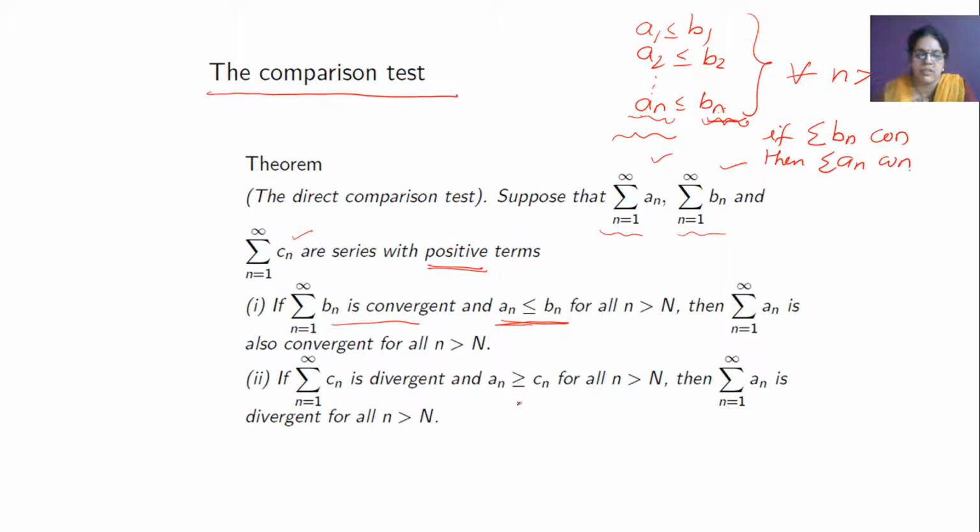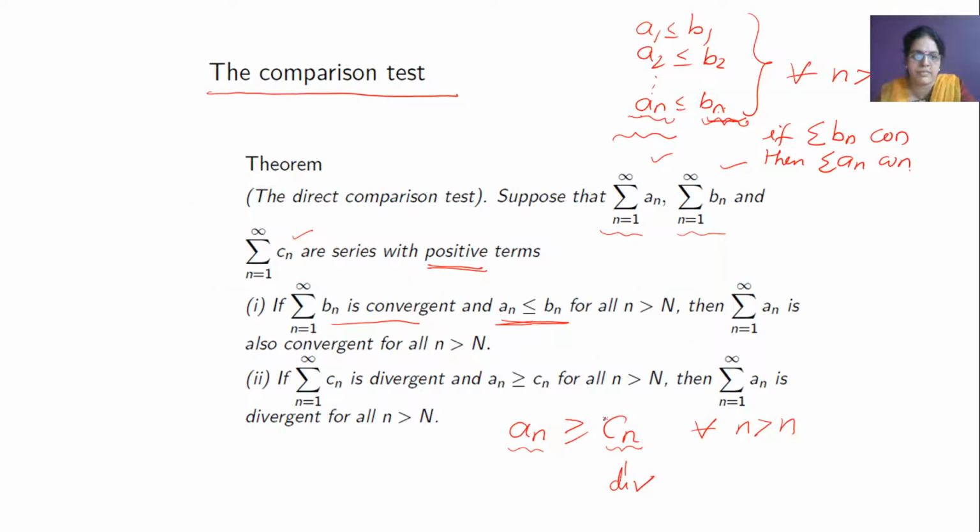Similarly, when you compare the terms with another series cn, and in this case if an is greater than or equal to cn for every n greater than or equal to N, after a particular term, if the terms of the series are greater than the corresponding terms of another series, and if that series is divergent, then sigma an is also divergent.